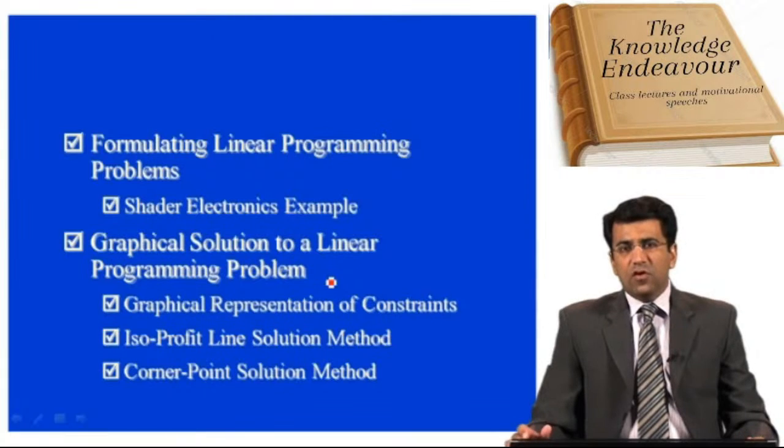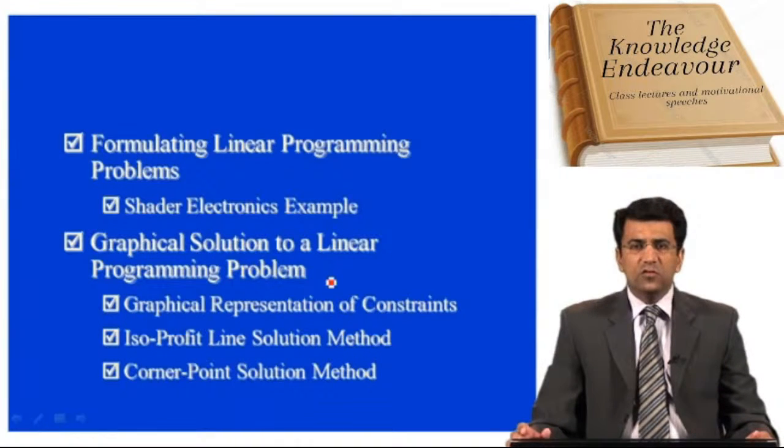Then we draw all of these points on the graph paper, and accordingly we can use either the ISO profit method or the corner point method to find the best combination of the two decision variables through which we can achieve our objective function.